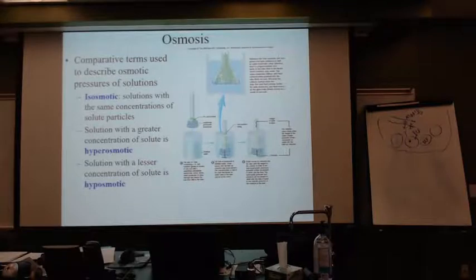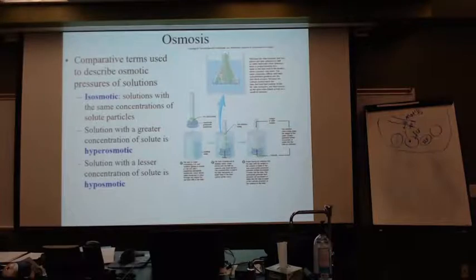We have to make sure fluids do not put a pressure, meaning that fluids would push that cell in on itself, or fluids that can make that cell expand. We need our cells to exist in isotonic conditions.